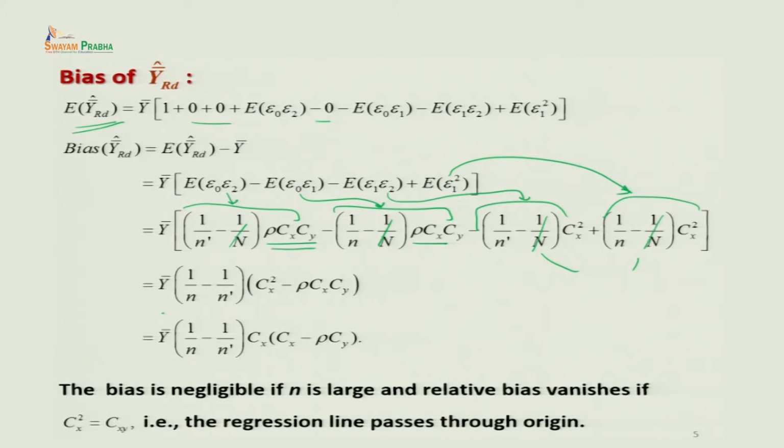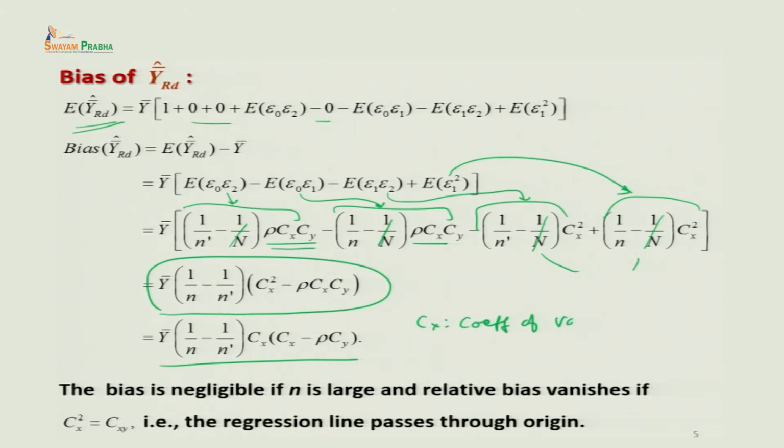So, you can obtain this expression. This comes out to be Y bar times 1 upon n minus 1 upon n prime, Cx minus rho Cy, where Cx and Cy, as usual, Cx is the coefficient of variation of x, and Cy is the coefficient of variation of y.